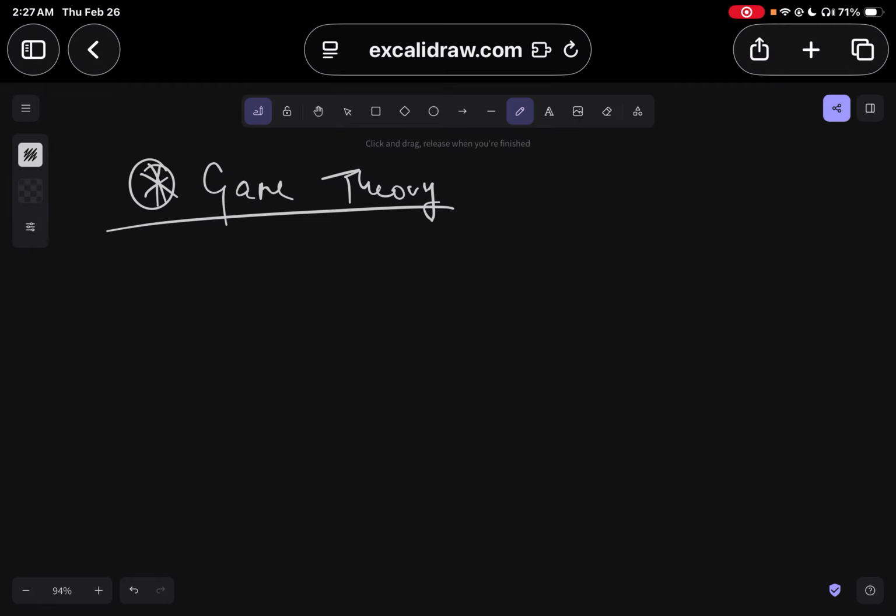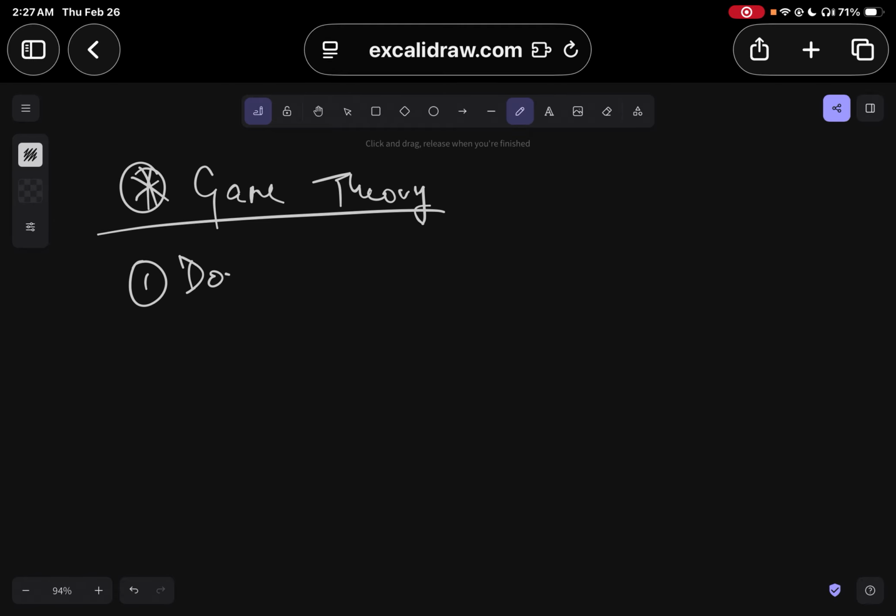Strategy is the action chosen by a player in the game. Payoffs are returned to the player on choosing a given strategy. Dominant strategy is when a player will choose a given strategy irrespective of what the other player chooses.